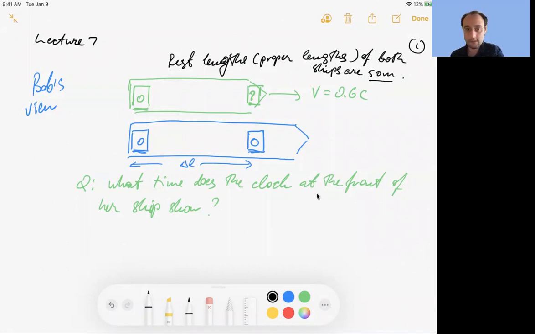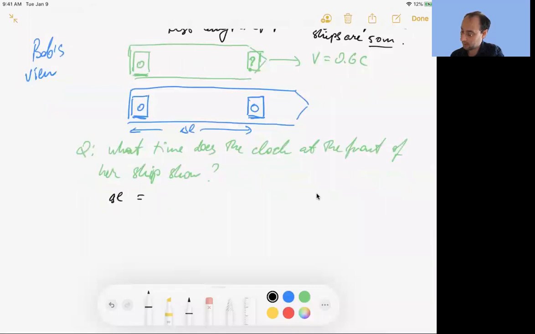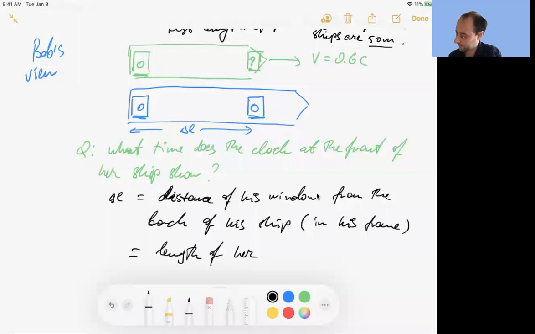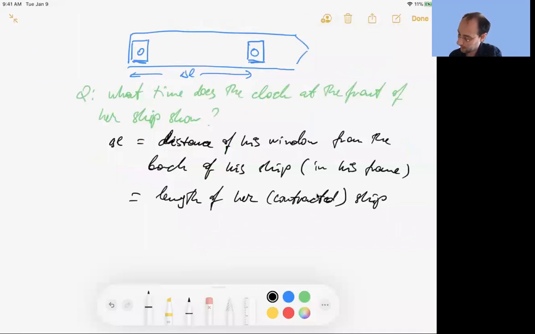Delta L equals the distance of his window from the back of his ship, again in his frame, which also equals the length of her contracted ship, again as seen by him.